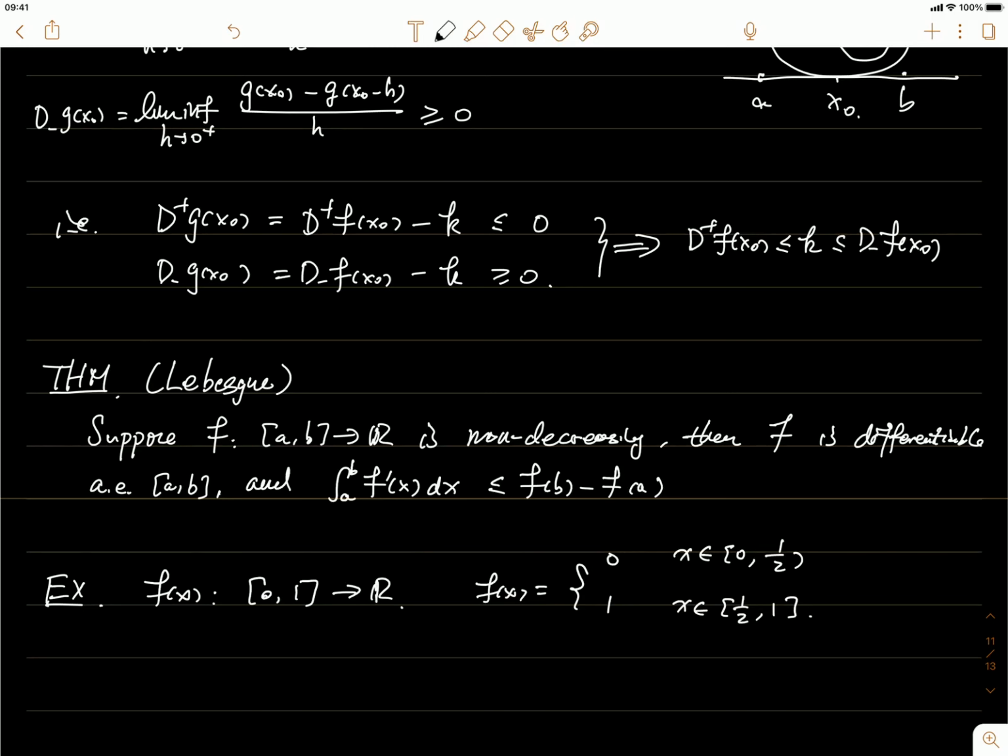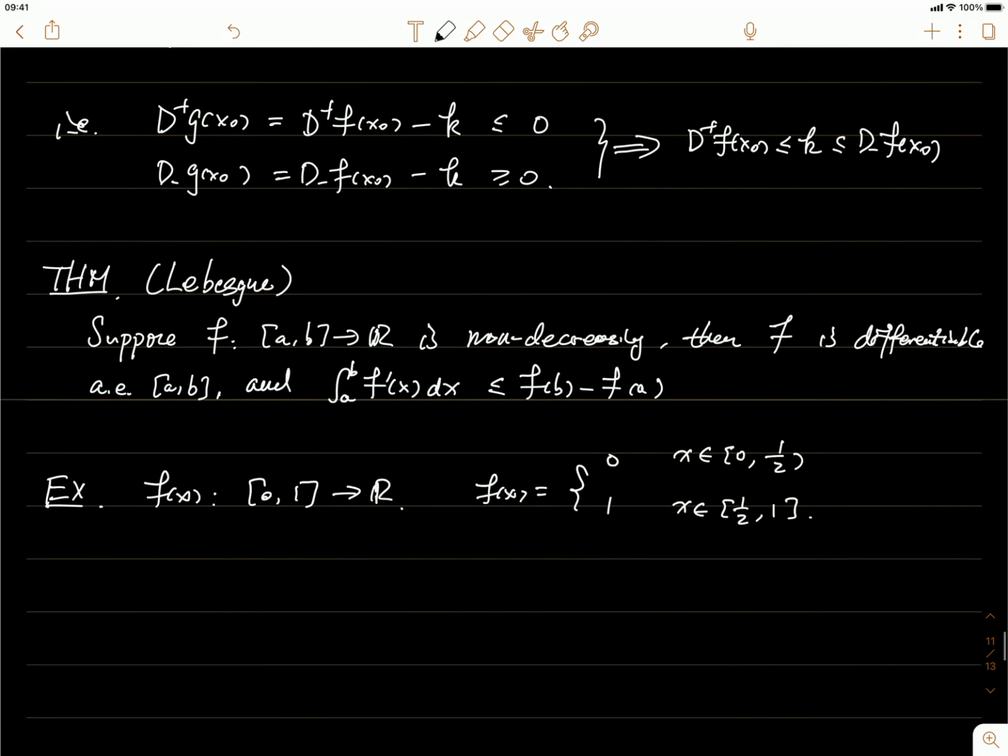Then this function is pretty simple. It just looks like this. From 0 to 1/2, it takes the value here. It doesn't take the value here, but then at the value 1, it's going up like this. Okay, the scales are different for the x and y, but you know the idea. So it goes up like this.